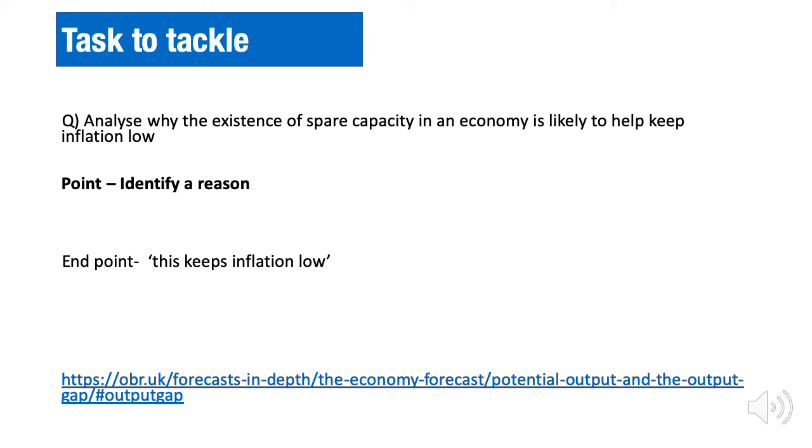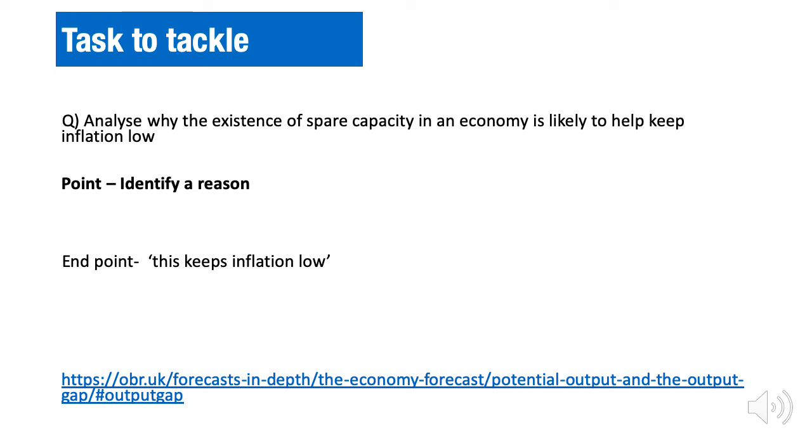Now, when you are tackling this, it's the chain of reasoning, and it's absolutely key. So you need to identify your reason. What could be the factor that is contributing to spare capacity? It needs to be multi-stage, and your answer needs to end essentially with this is going to keep inflation low.